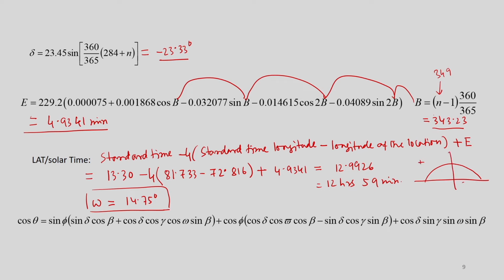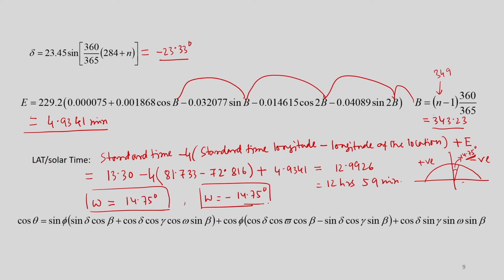This part is positive and this is negative. This is about 12 hours, that is not 1 o'clock. If it is 1 o'clock, then it will be 15 degree. So, this angle is 14.75 degree. Since this angle is in the afternoon, we will use the convention omega is minus 14.75 degree.